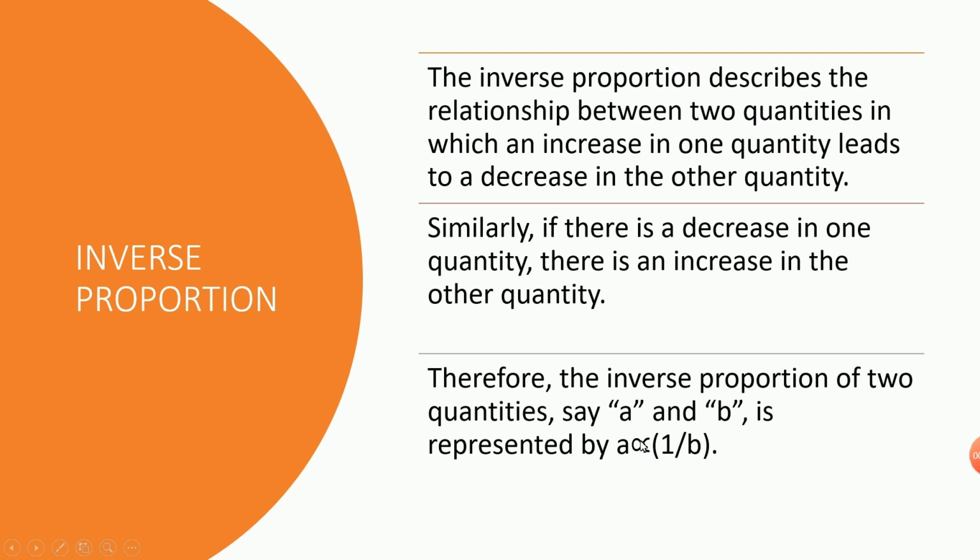So the symbol is the same for inverse and direct proportional. To be honest, this symbol solely means proportional. So if there is no fraction format, then it is directly proportional, and if a fraction format appears, then it is inversely proportional.